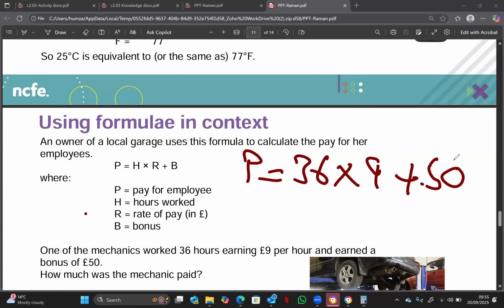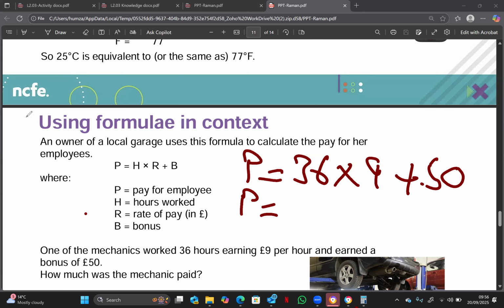So what would we do first in this calculation, considering we have been doing BODMAS? So the bracket first. I think the bracket will be the 36 times 9, plus 50. Yeah. So we would do 36 times 9, like you said, first.